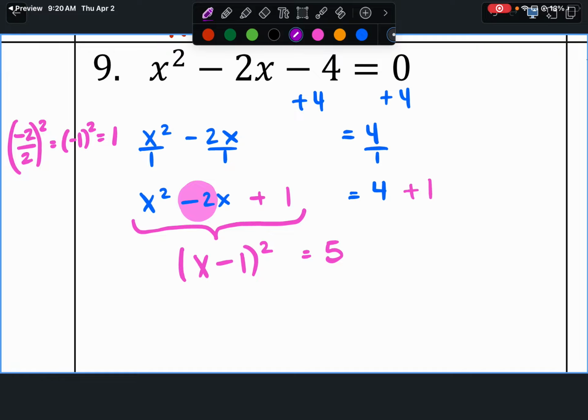So remember, we get i from what? Square root of negative 1. So anytime we have the square root of a negative, our answer is going to have i in it.